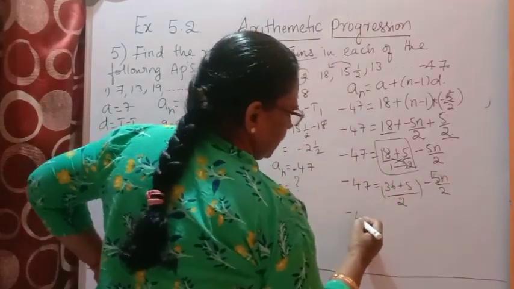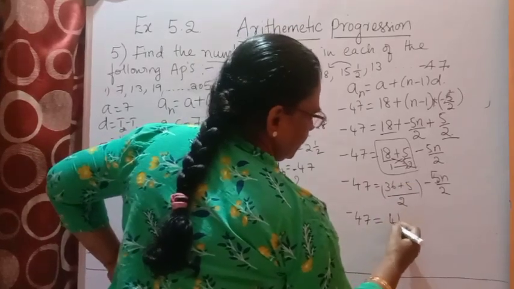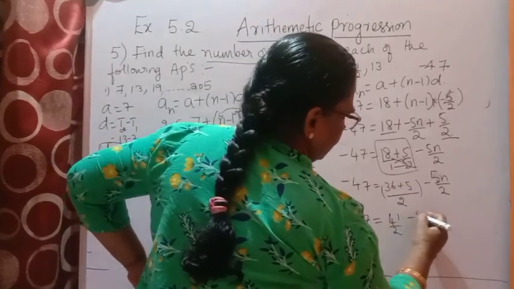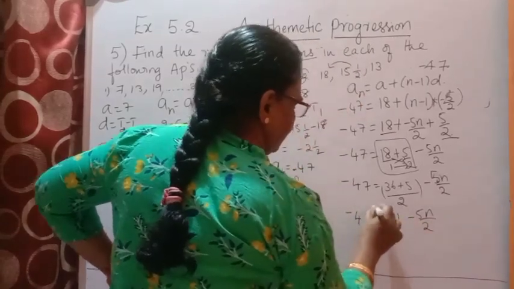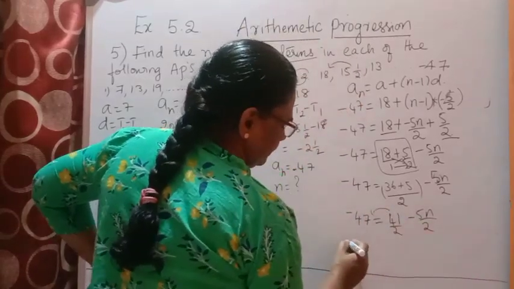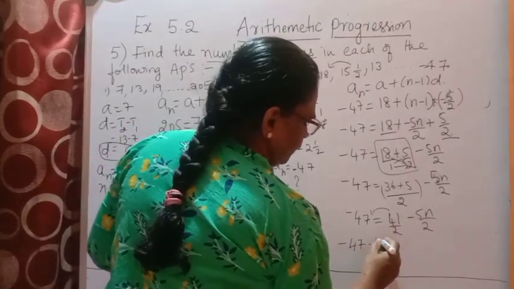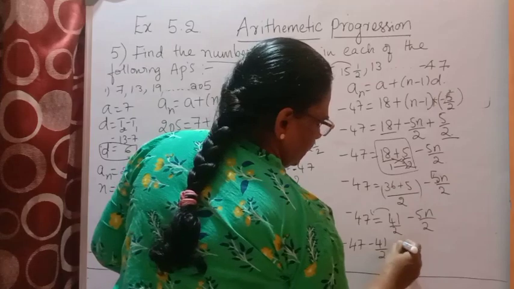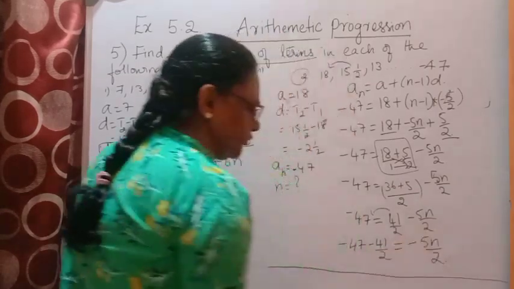Next, minus 47 is equal to 41 by 2 minus 5n by 2. Shift 41 by 2 here. Minus 47 minus 41 by 2 is equal to minus 5n by 2.